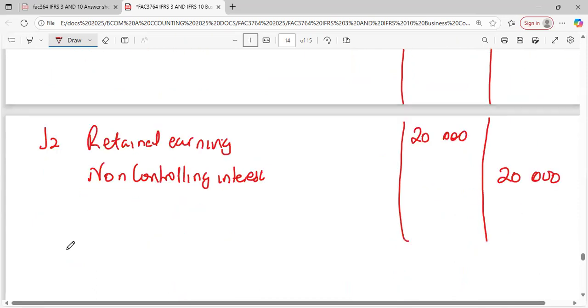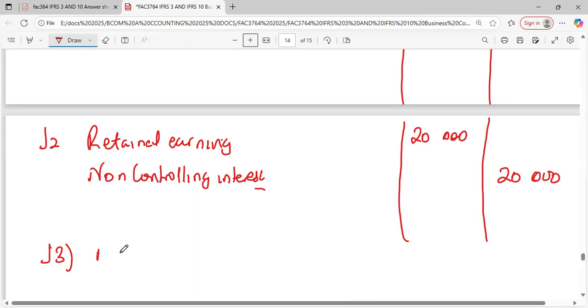Then we go to the last journal from the analysis. Your last journal from the analysis is going to be your profit and loss. So you want to record what goes to non-controlling interest from profit and loss. So you are going to take out from profit and loss.